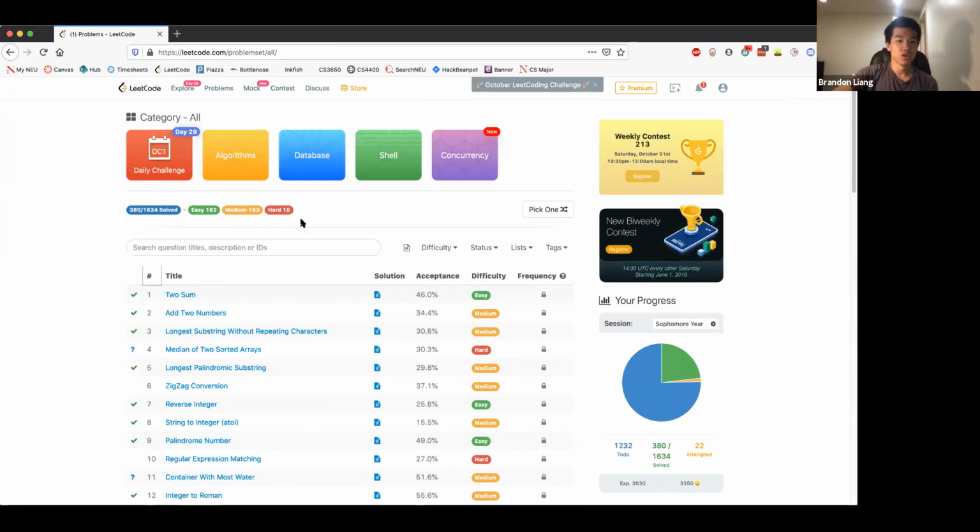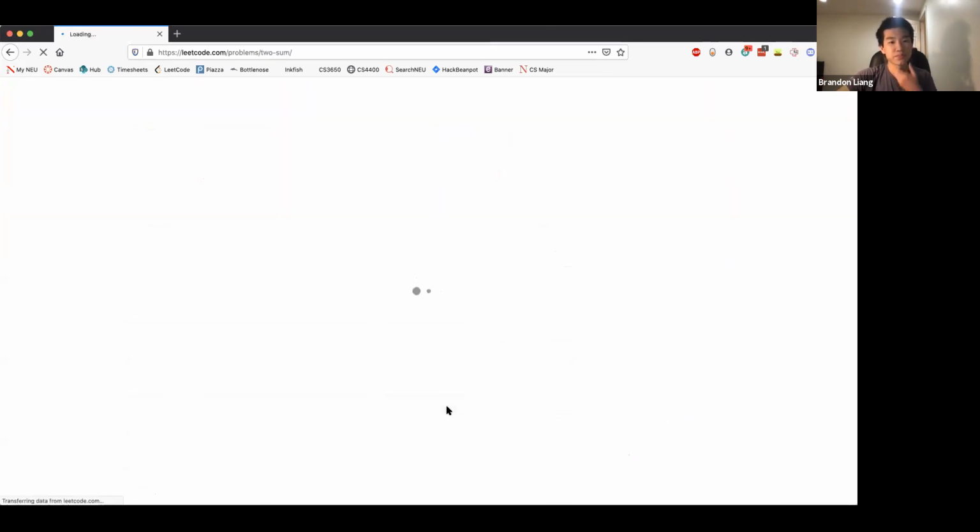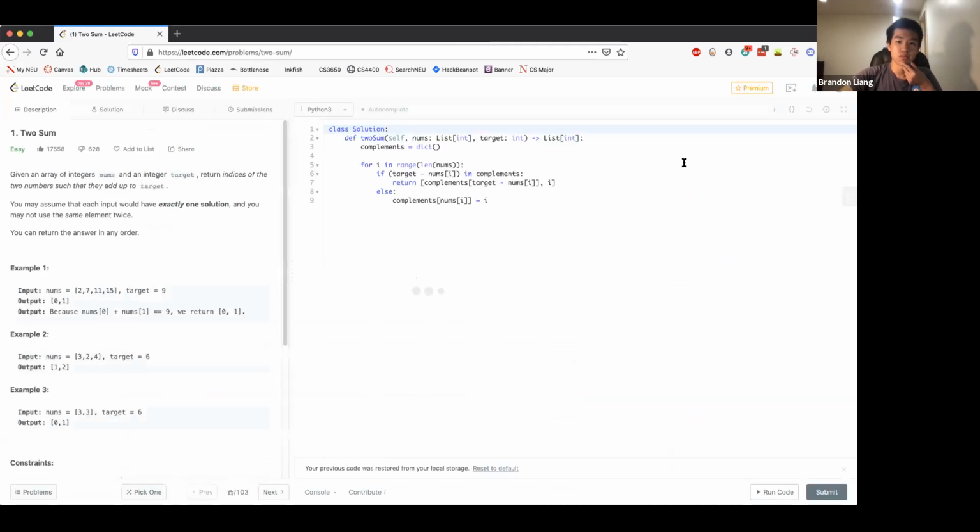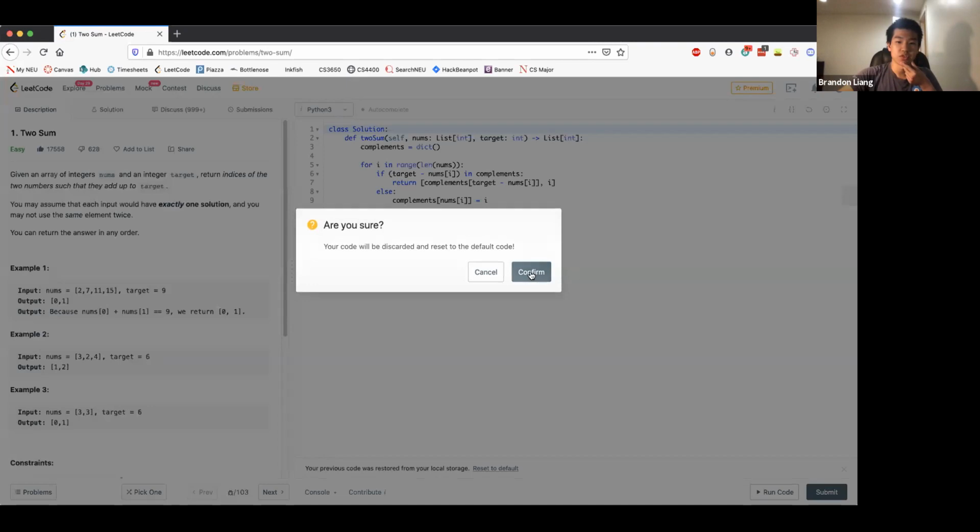And problems can be split into categories as well. So let's take, for example, the first problem that people do on LeetCode, usually Two Sum. And let me just reset that.